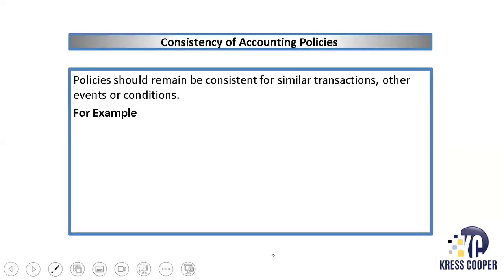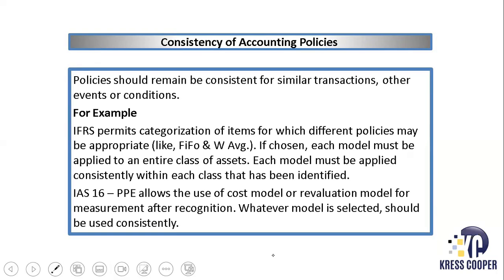Whatever accounting policy is once selected for preparation of the financial statements should be consistently applied. We cannot change the accounting policies. For example, there is an accounting policy for measuring the cost of inventory, FIFO or weighted average based.